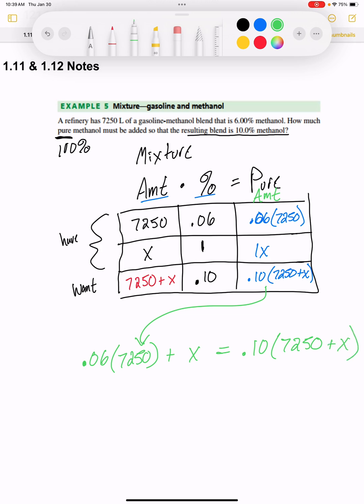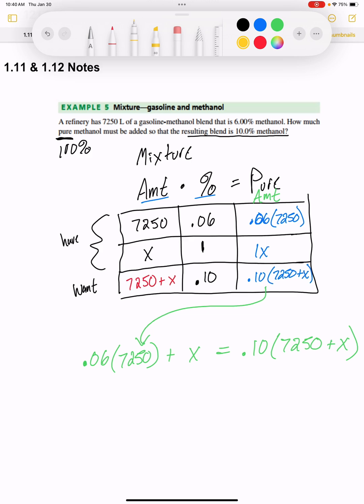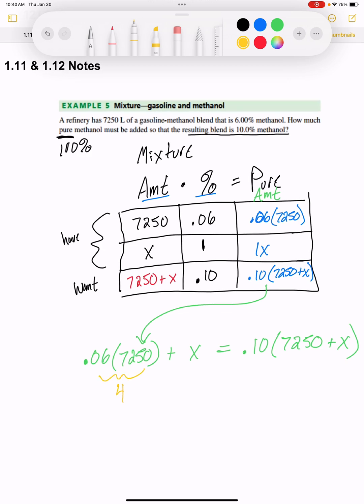The goal here is to make an equation that we can solve. So 0.06 times 7,250 gives me 435, plus x equals, of course, that's 725.